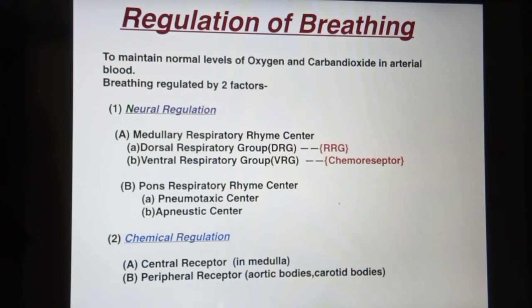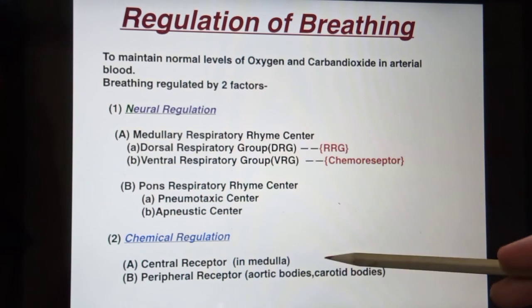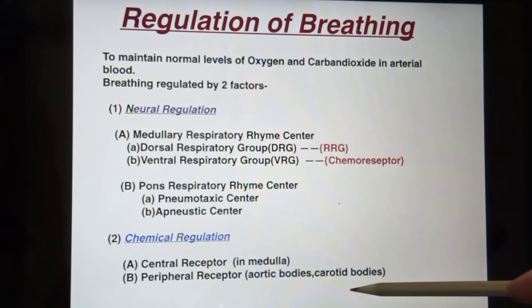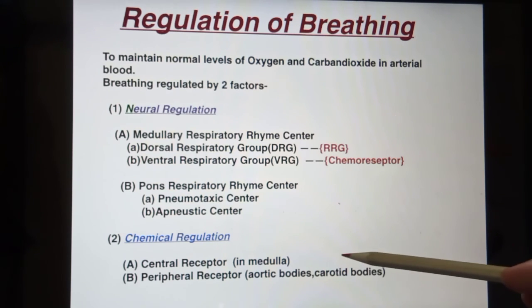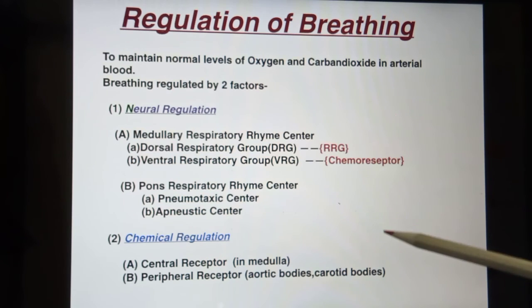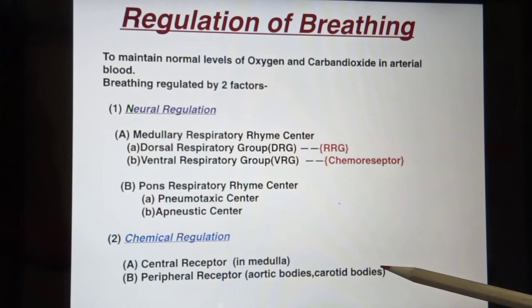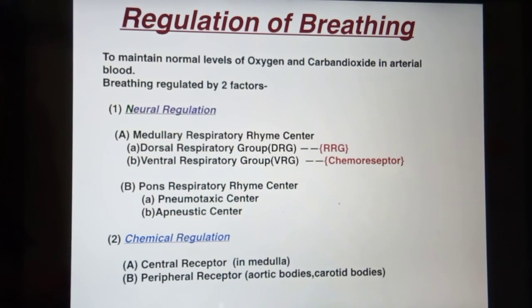Okay, so when the carbon dioxide and hydrogen ion level increase in the blood, and it pumps through the heart, there are chemoreceptors present in your aorta and carotid artery. They capture the increasing level of carbon dioxide and hydrogen ion, and give the instruction onward.